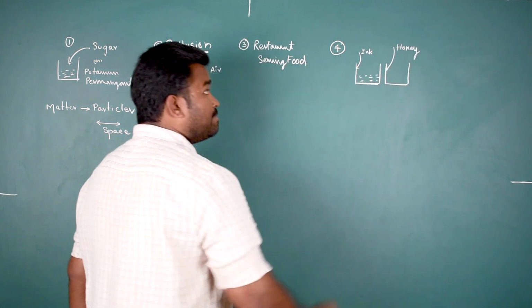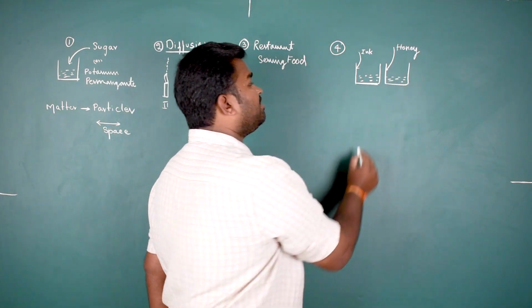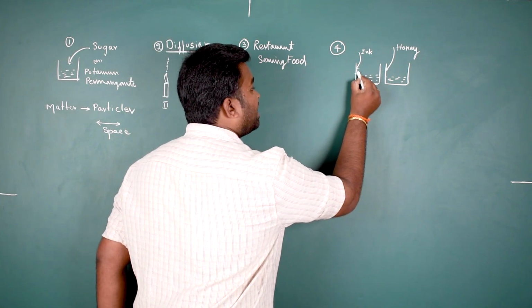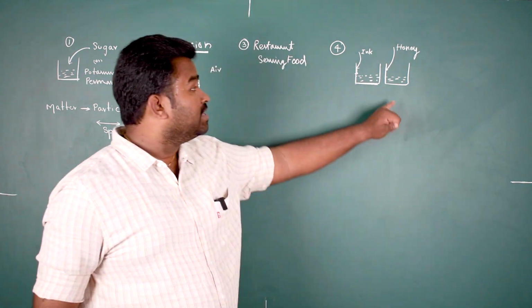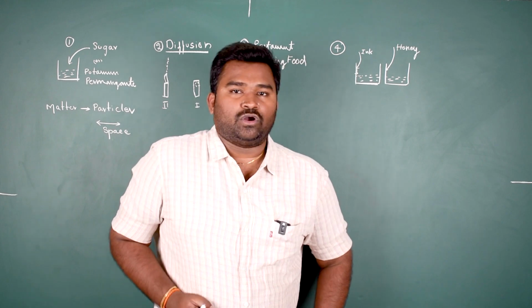Now, can you tell me what would be the observation after a certain time? First, the ink will start to go down because of gravity and start mixing with water. Correct? Similarly, your honey also will slowly move down and start mixing with water.